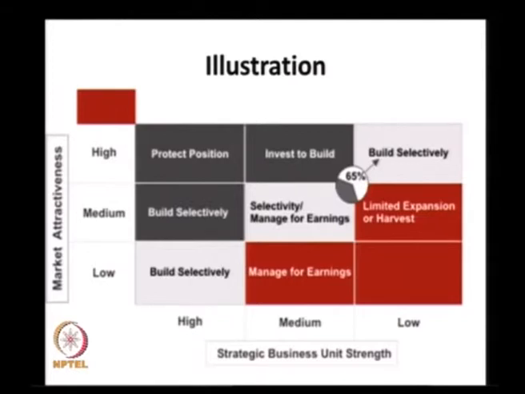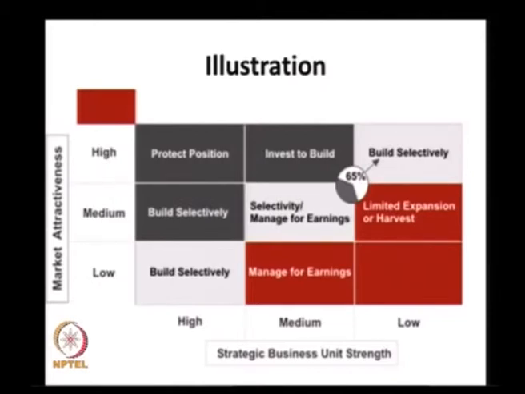So, we take different decisions based on where this strategic business unit is in this matrix, and take decisions to invest or consolidate or just maintain, manage or divest or harvest from that business. So, that explains this illustration. If you have a high and low here, it tells you to build selectively: high business unit strength, but low market attractiveness.